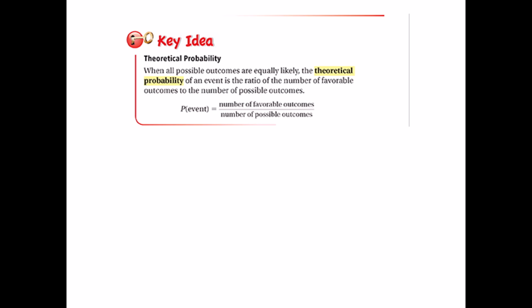Now, we want to compare experimental, keeping track of what did happen, to theoretical. Theoretical probability is what we expect to happen. So when we're looking at theoretical probability, we're not actually doing an experiment. What we're actually doing is we're just thinking about what can happen. And that is called our sample space.